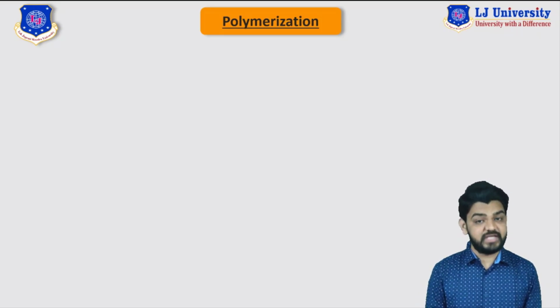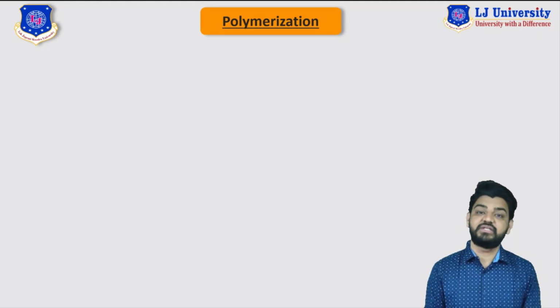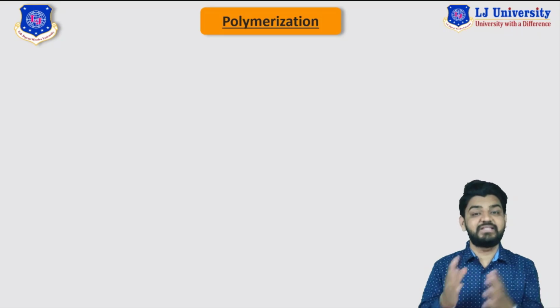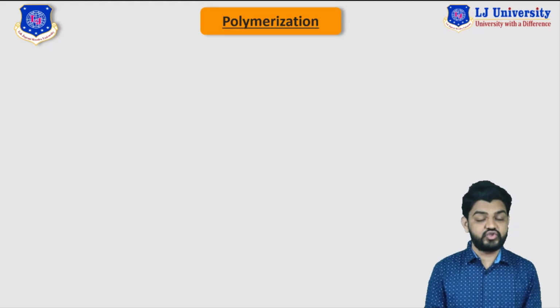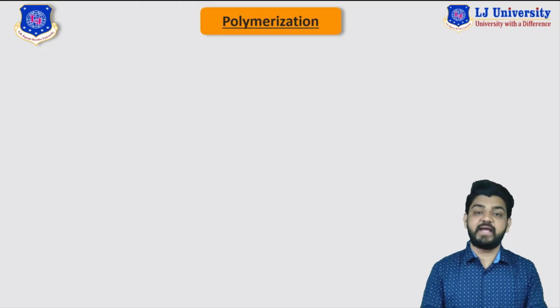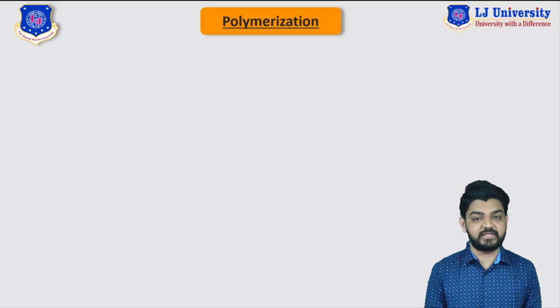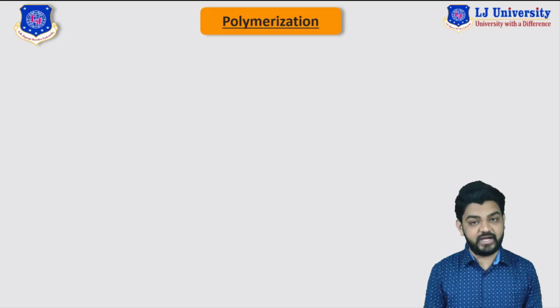We said in the very first video that step polymerization has three categories. The first one is free radical polymerization, in which we produce free radicals. The second is ionic polymerization, in which we carry out the polymerization with the help of ions, either positive ions or negative ions.